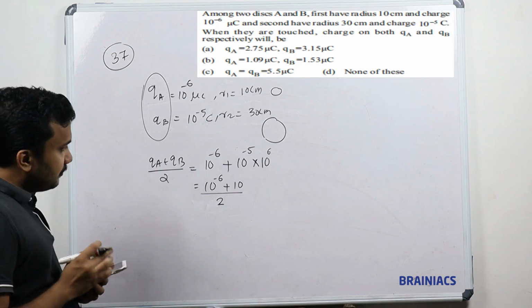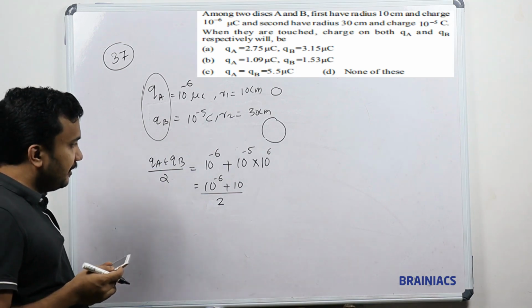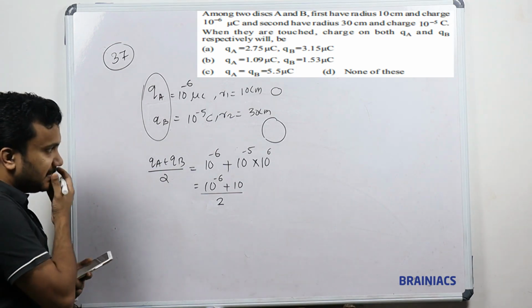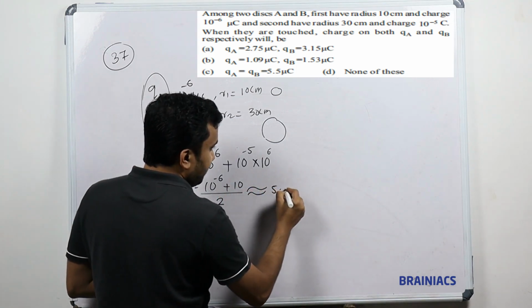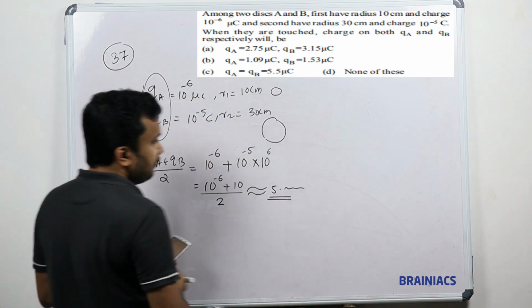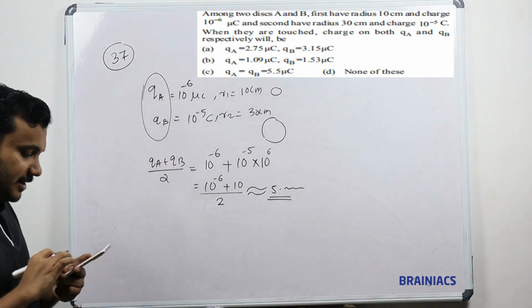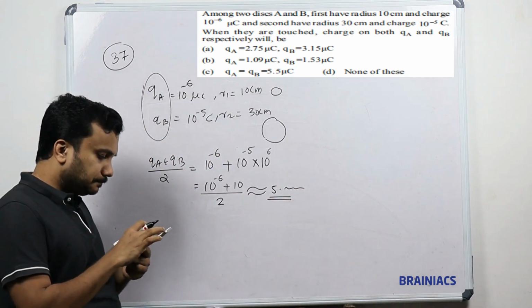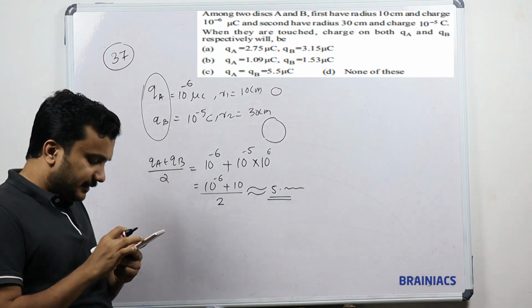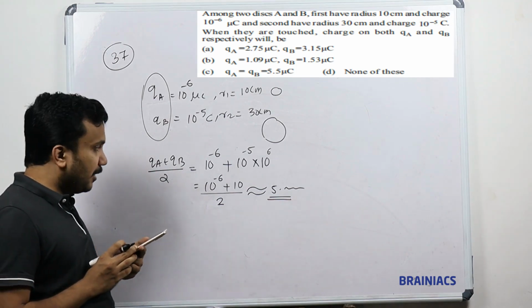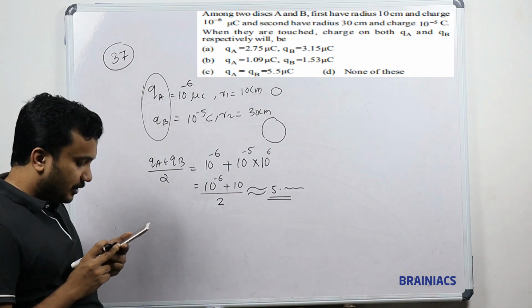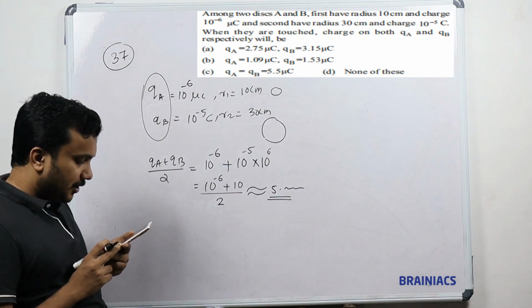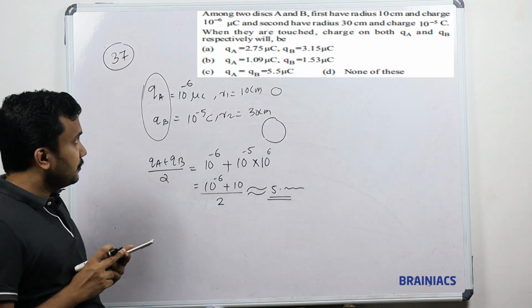So approximately I can say 5 point something will come. 5 point something will come. But what matches with these options? 37th, 5.5 microcoulomb.